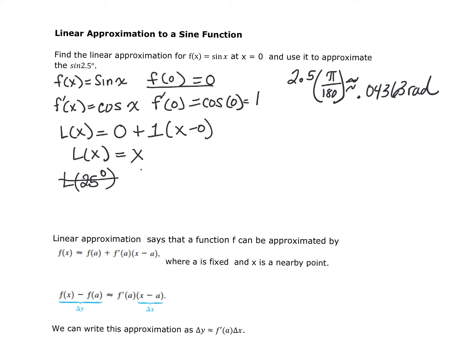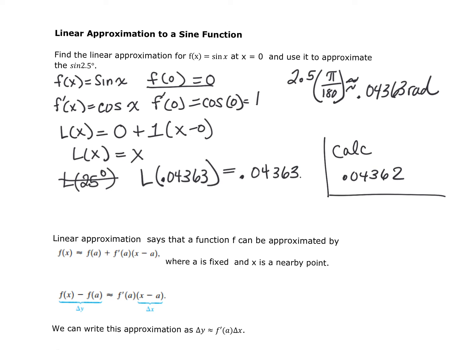So the linear approximation at 0.04363 is 0.04363. The calculator actually in this case will give you 0.04362. So we're not too far off. And we of course could calculate our error if we wanted to.